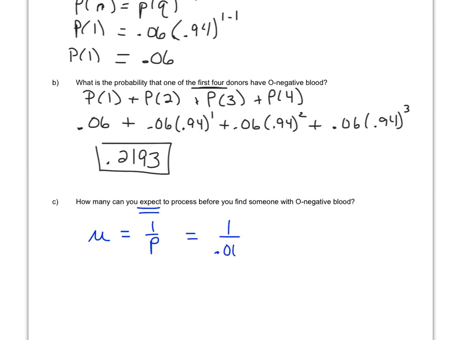So 1 over 0.06 is going to be 16.67 people. So on average, you'd have to look at almost 17 donors before you'd find one with O negative blood, assuming all the people randomly were lined up in some kind of order. So that is 6.3, binomial and geometric distribution. Take those notes. Hopefully, if you have any questions, you'll let me know.